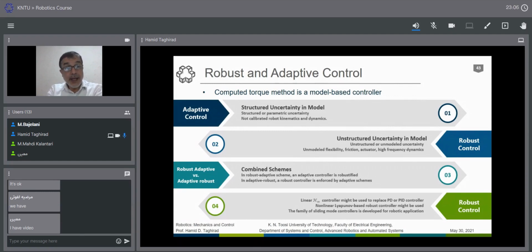Deriving the model, and not only deriving but calibration of the model, is finding that the true variables are different. Or as we discussed before, we have a nonlinear model with C, with G, everything, and we just did some simple linear identification of the system, and we just used the linear part of the model. This is again another example of having unmodeled dynamics.